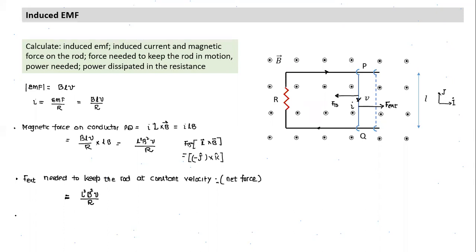Okay. Now I'll calculate two more things. So what is the power required by the external force? What is the power required to keep the rod moving? What is power equal to?